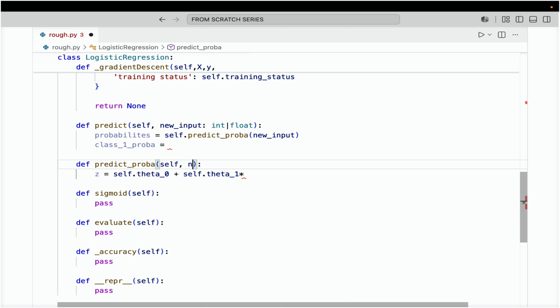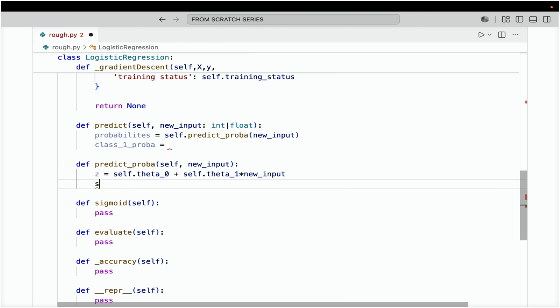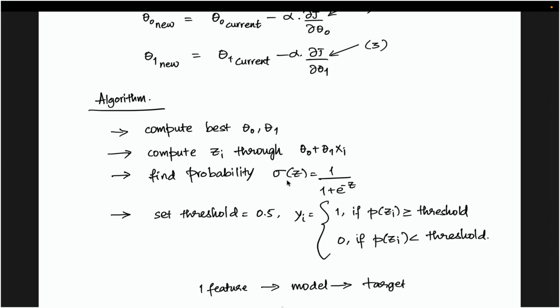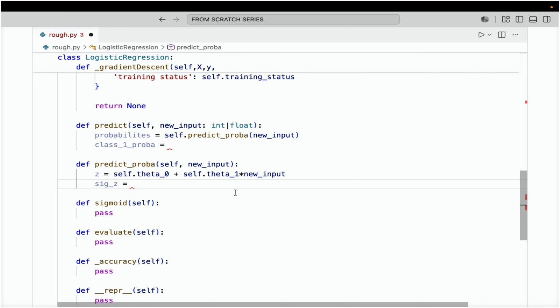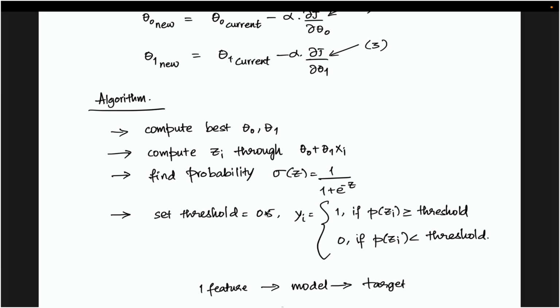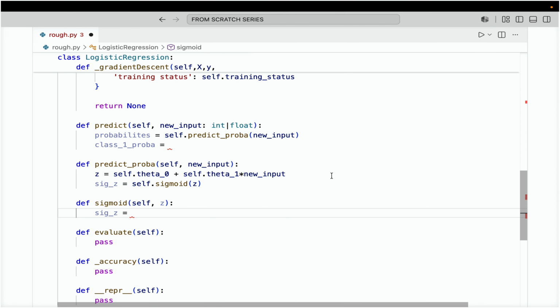So we need a new x that goes here, and we have to compute the sigmoid next, and sigmoid is given by self dot sigmoid of z. How do you calculate the sigmoid? Sigmoid of given z is nothing but 1 by 1 plus exponential negative z.